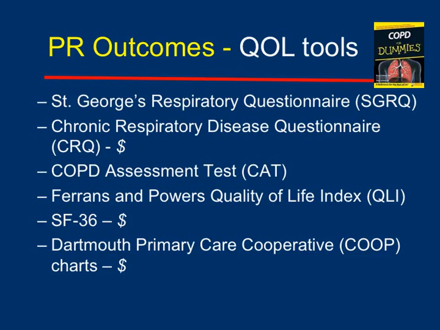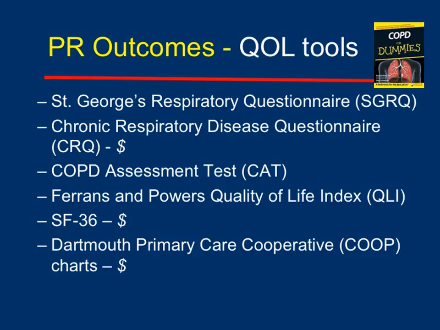So outcome tools. These are 6 tools that measure outcomes. So the St. George Respiratory Questionnaire, I'll talk about this. That's kind of the mother of all quality of life measures. And the Chronic Respiratory Disease Questionnaire, that one is licensed and has a fee.